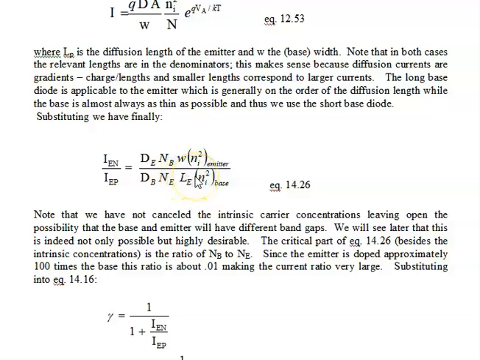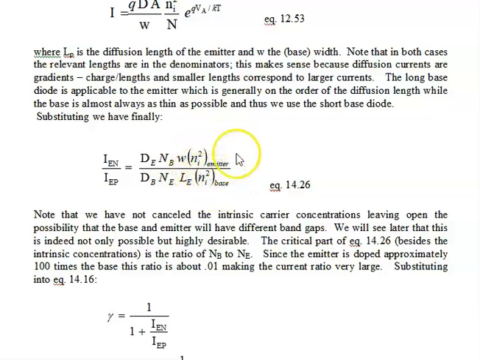Now you ask the question, and it's a good question, why didn't I just cancel these two terms out? Because intrinsic is intrinsic. Well, we want to leave open the possibility that the intrinsic number in the emitter will be different than the intrinsic number in the base. For example, suppose the intrinsic number in the emitter is much less than the intrinsic number in the base.